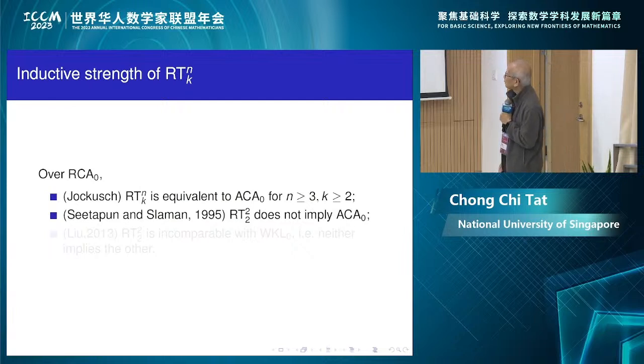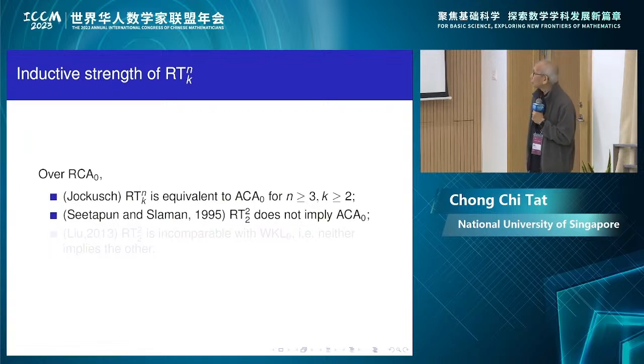This was solved by Slaman, Simpson and Slaman in 1995, who showed that what is called RT^2_2, Ramsey's theorem for pairs of numbers in two colors, is strictly weaker than ACA0, meaning that you can produce a model of Ramsey's theorem for pairs in which no solution computes the Turing jump, for example.